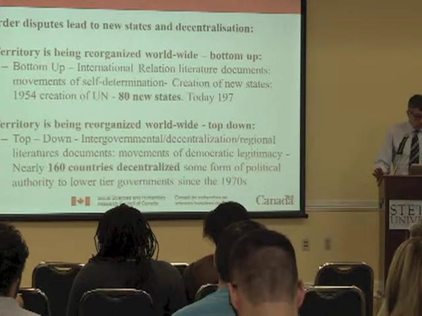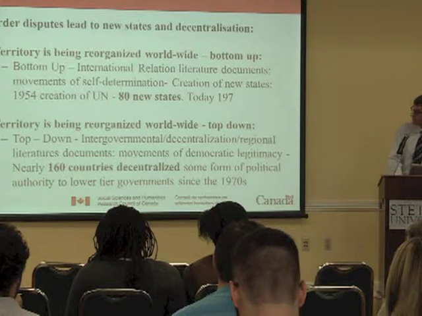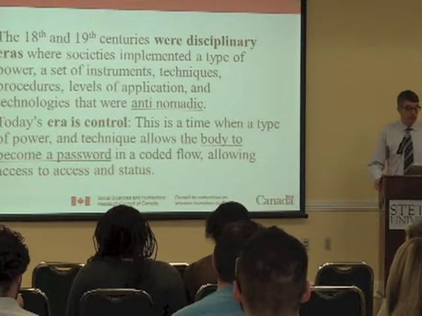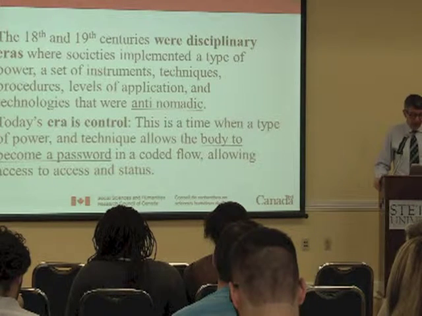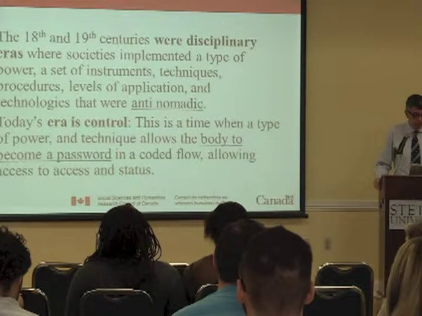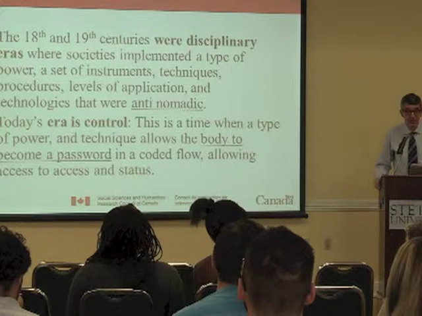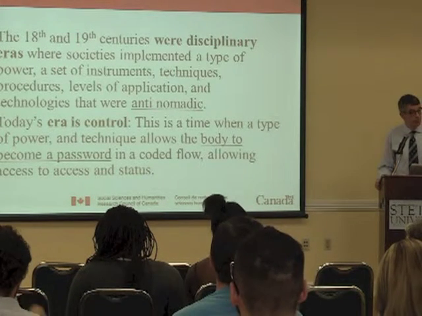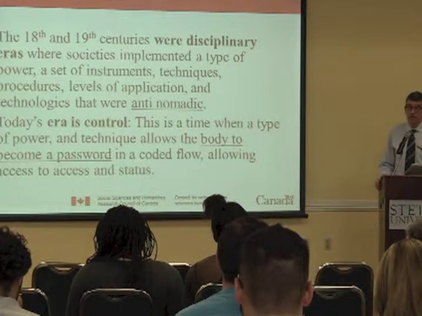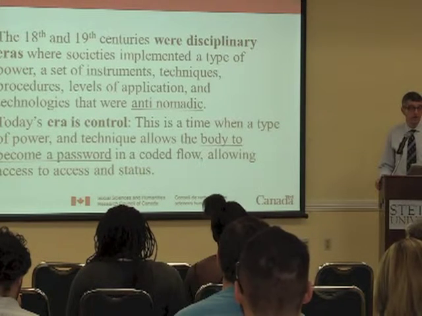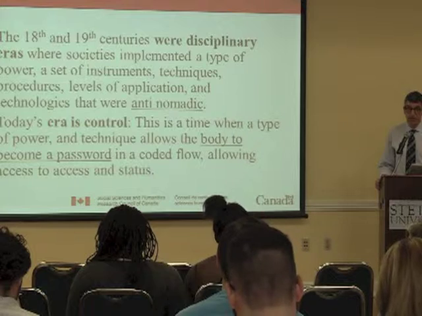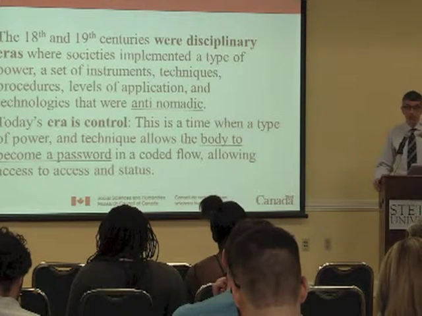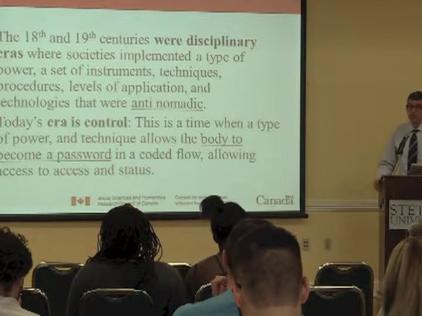So when we look at the 17th, 18th, 19th century, what we have here is basically what Foucault has called the disciplinary era. And what I think is really interesting for us is to realize that legal agreements and cartography were in a way there to prevent movements.